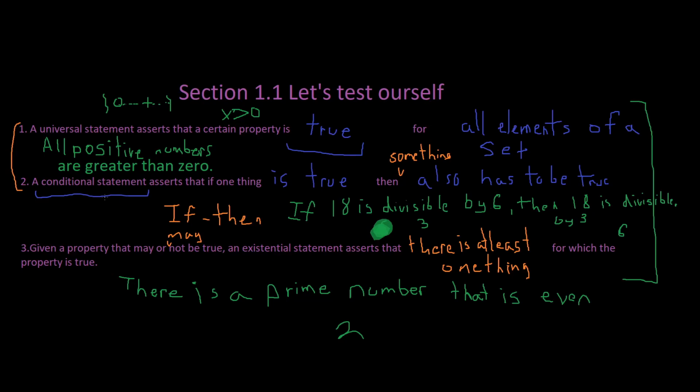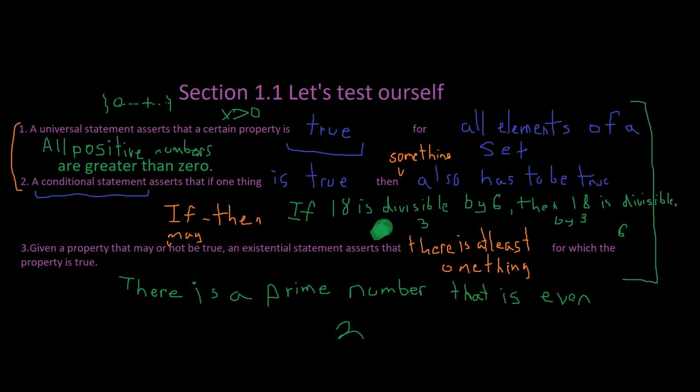And it doesn't have to be true all the time. A conditional statement could be false too, right? If my if statement is true, then my then statement has to be true. Let's say I said if 18 is divisible by 36, then 18 is divisible by 37. And clearly you can see the flaw in that logic. If I said all negative numbers are greater than 0, then that would be a false universal statement, right?